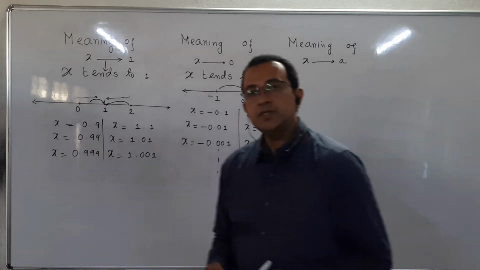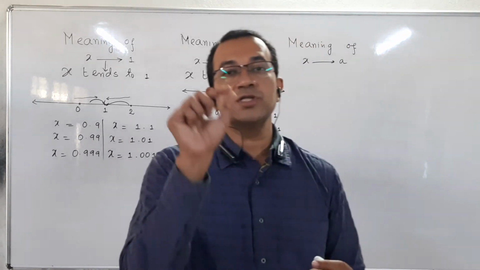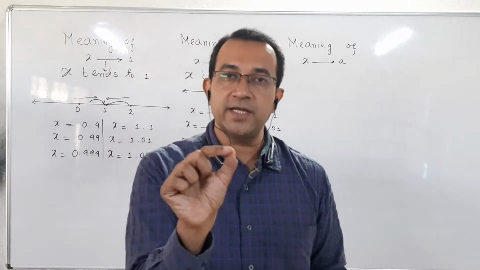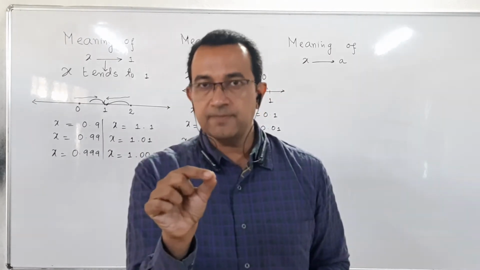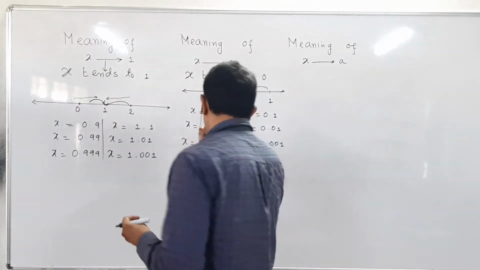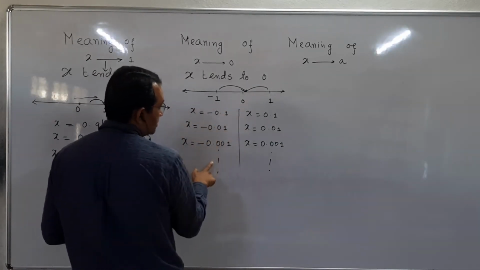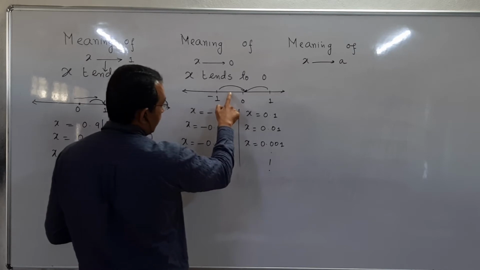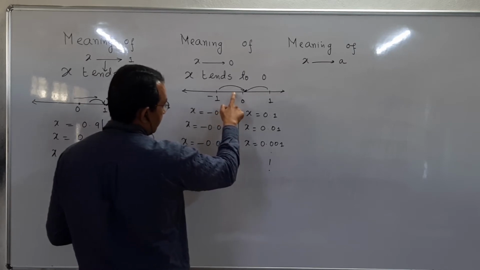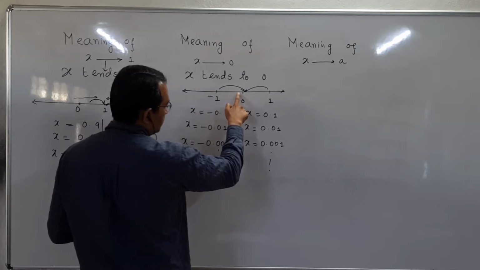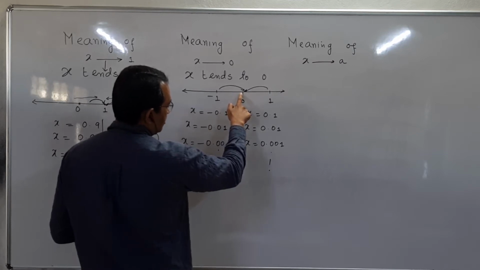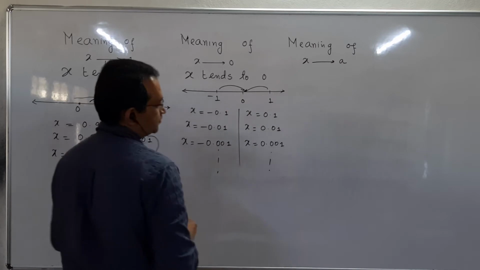So very simple, you can approach 0 from two sides. One is from left hand side, other is from right hand side. Now when you approach 0 from left hand side, x goes on increasing. Mind you, here is the -0.1, then this will be -0.01, this will be -0.001, -0.0001, like that.